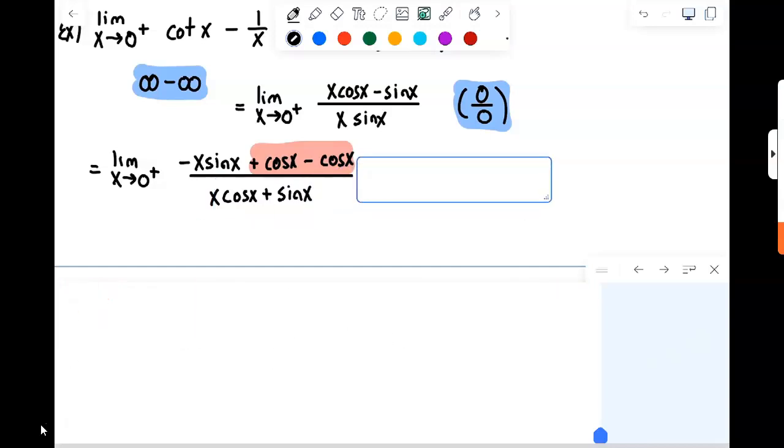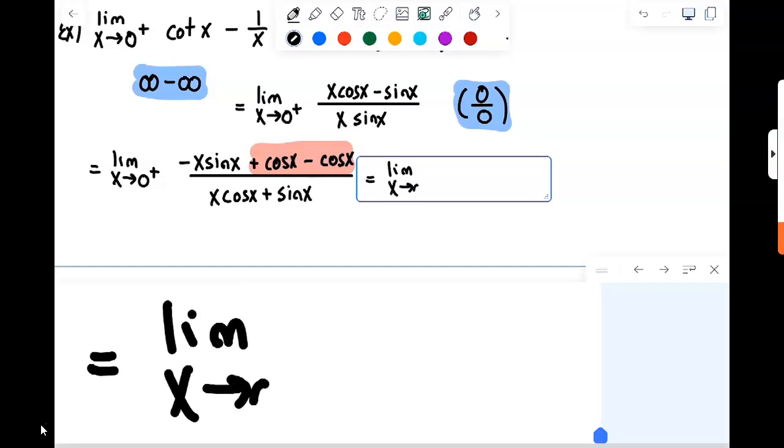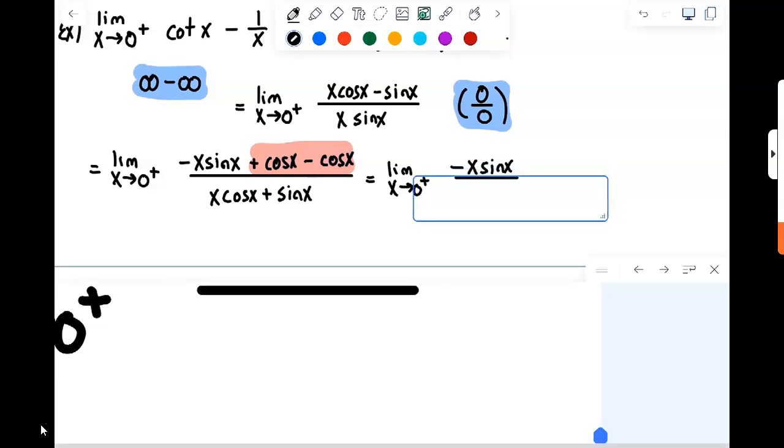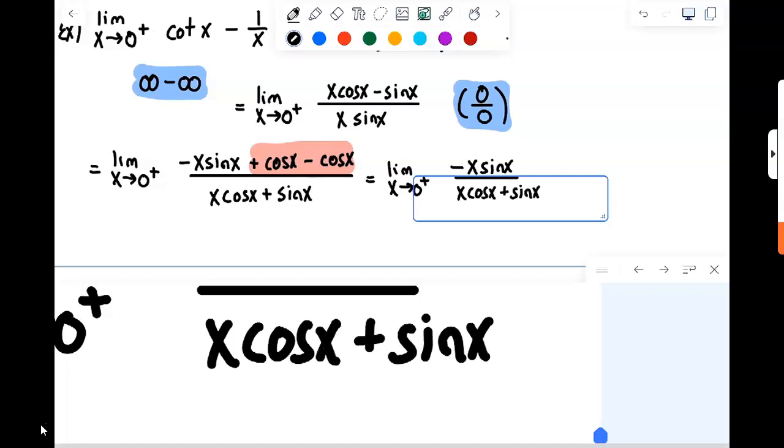So where am I at now? Well, limit as x approaches 0 from the positive direction of negative x sine x on top over x cosine x plus sine x.